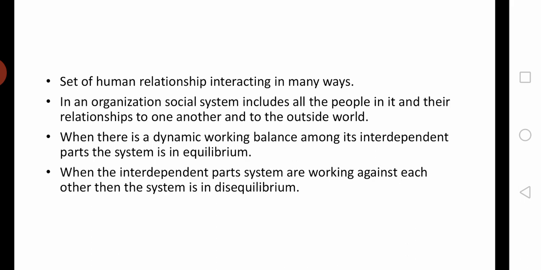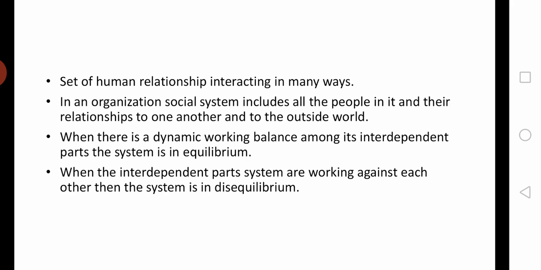When there is a dynamic working balance among its independent parts, the system is in equilibrium. A system can be a group of people, and these people are independent of each other. If these independent parts are balanced, that system is in equilibrium.